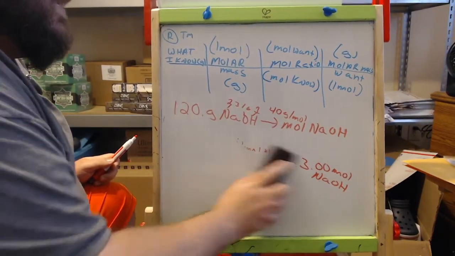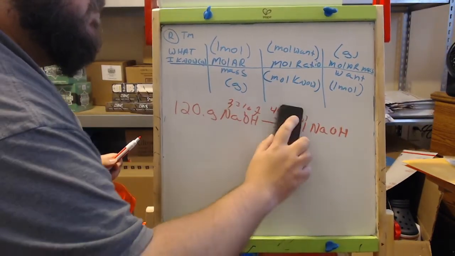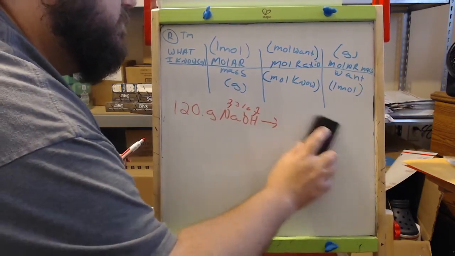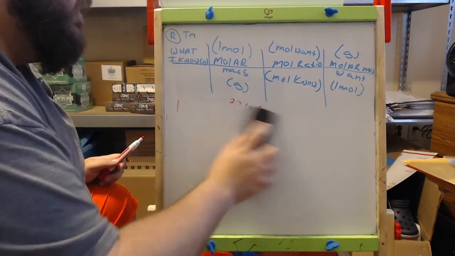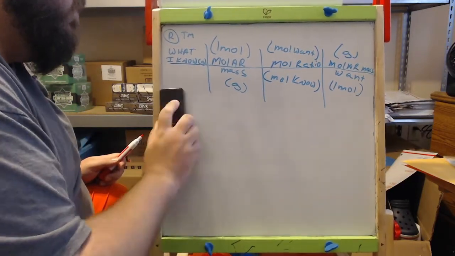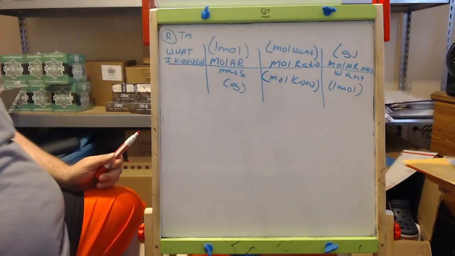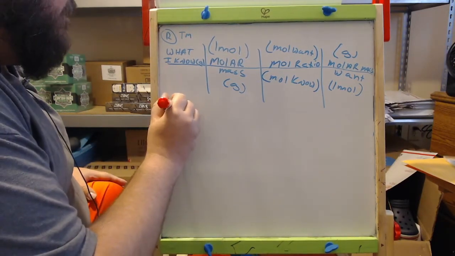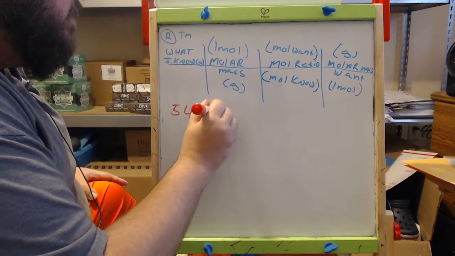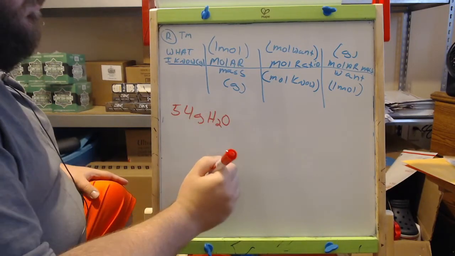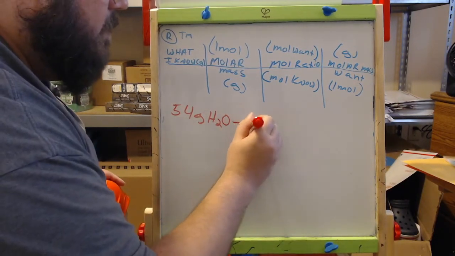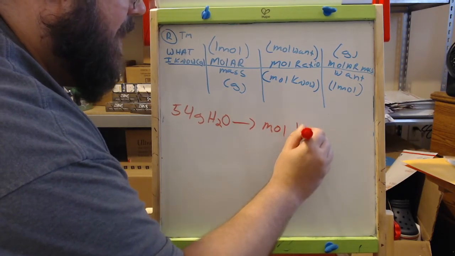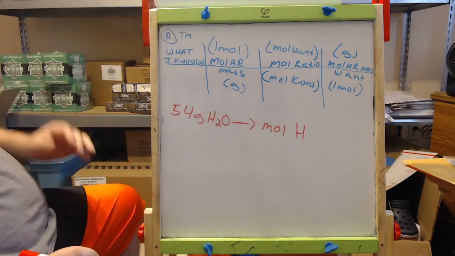Now what if it didn't ask that? What if it asked, instead of the moles of sodium hydroxide, all right, let's do a different one here. What if it said we had 54 grams of H2O, and I want to know how many moles of hydrogen that is.